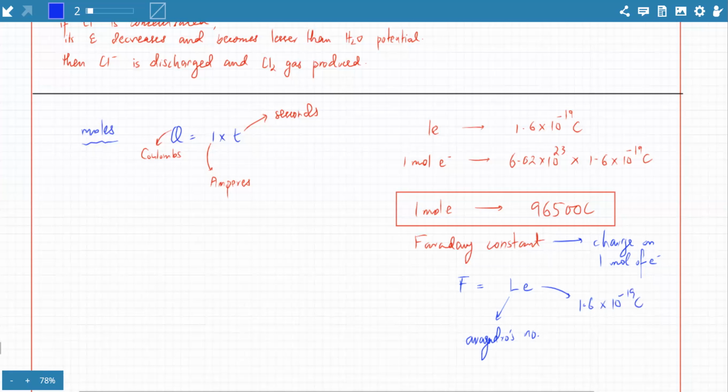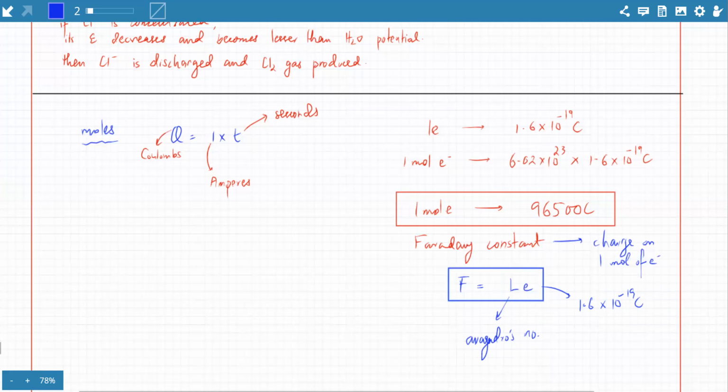How do you find the charge on 1 mole of electrons? You multiply the Avogadro's number by the charge on 1 electron. So that's the formula of Faraday constant.